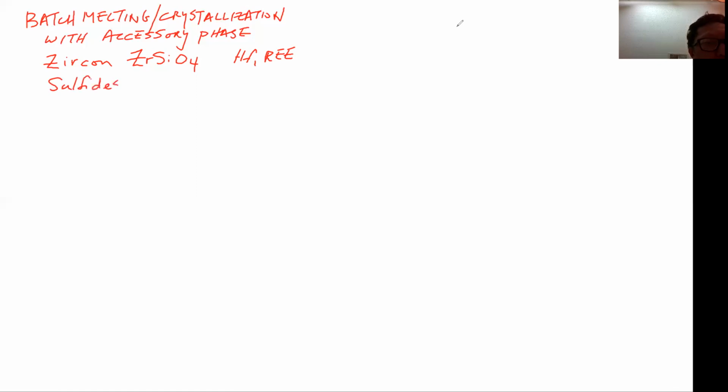Another example, which I am very fond of, are sulfides. And sulfides might be something like an iron-nickel solid solution sulfide. This would be a monosulfide solid solution, which you might find in the protolithic mantle, or it might be FeS, pyrrhotite, that would precipitate out of a magma, but only when your sulfur concentrations, particularly the sulfide species, reach levels high enough to saturate in sulfide.